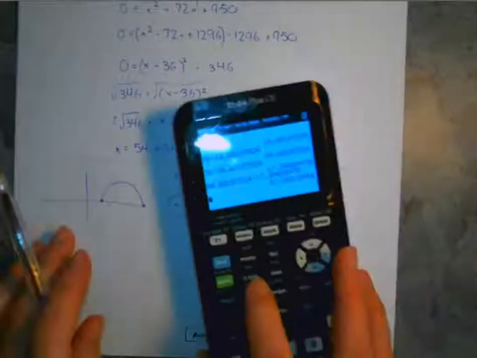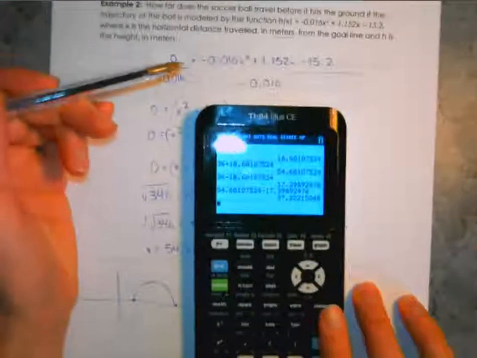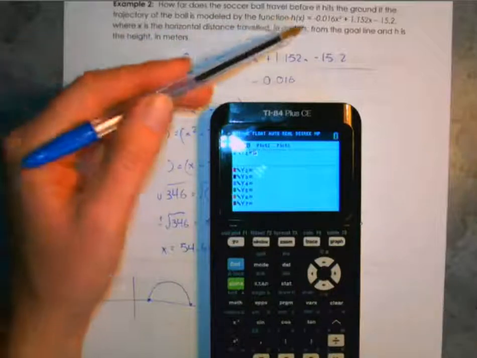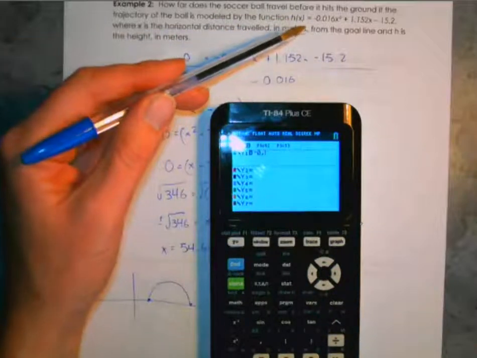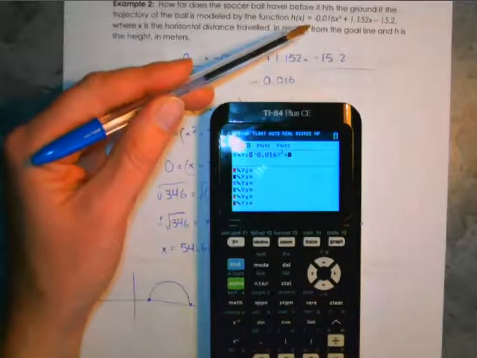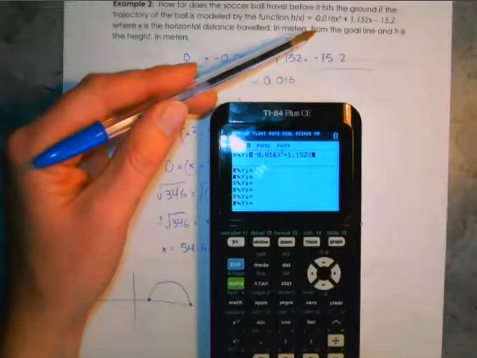If you want, you can confirm this by inputting the function into your calculator and seeing if you get the same values. Go into y equals, and it's going to be negative 0.016 x squared plus 1.152 x minus 15.2.